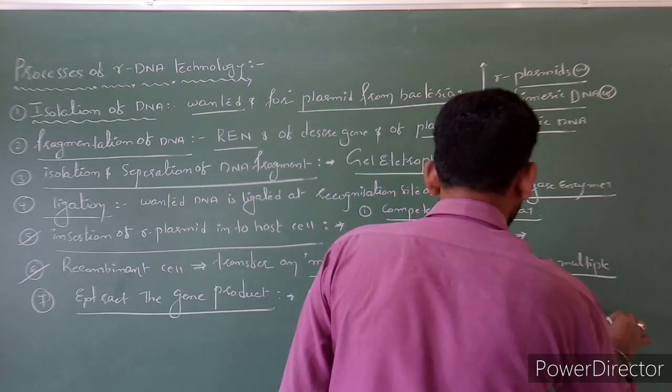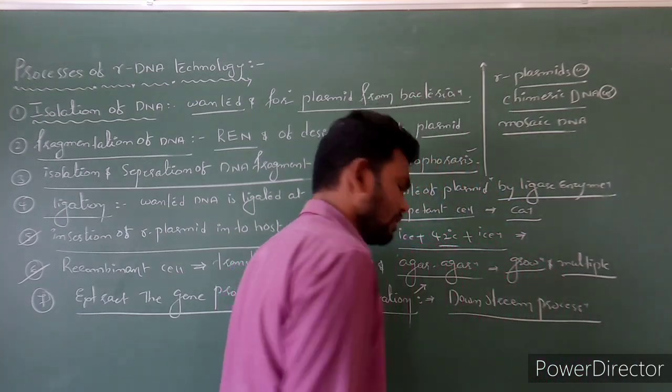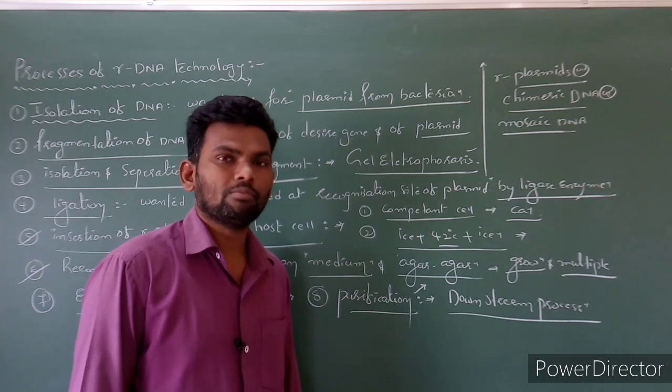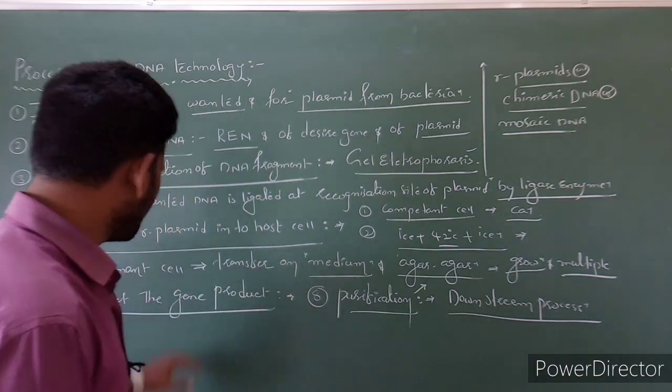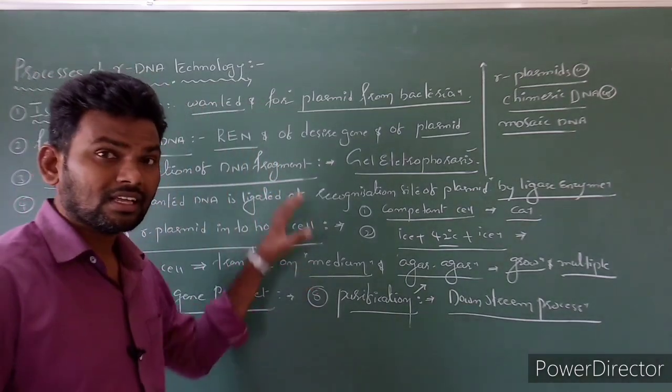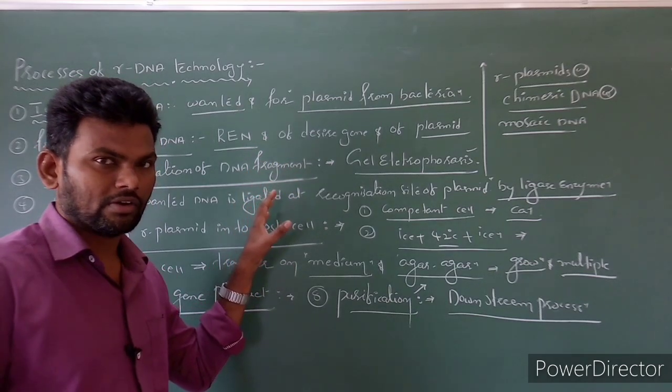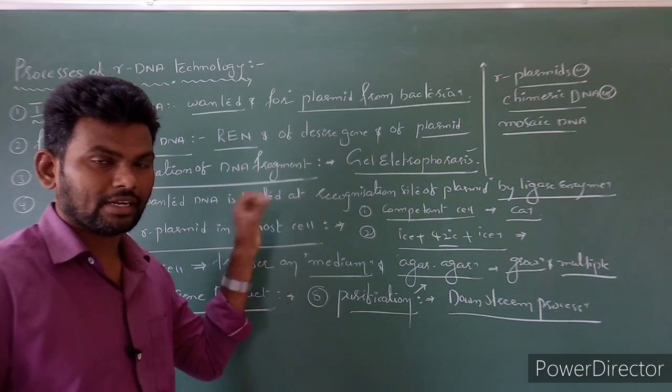By the downstream process we can purify the desired gene product. So this is actually 7 or 8 steps. These are the sequential steps of recombinant DNA technology, or the process of recombinant DNA technology.